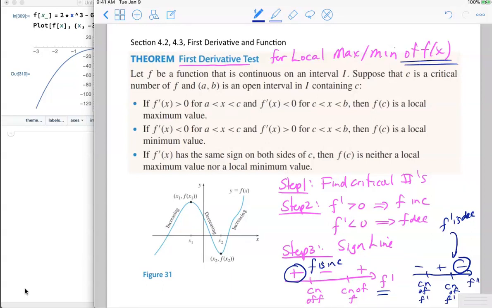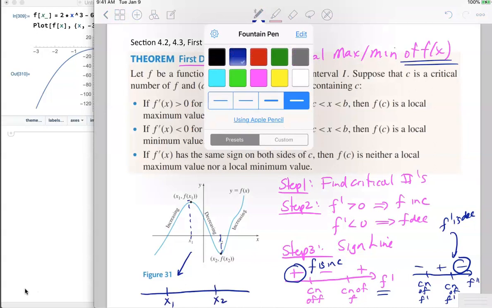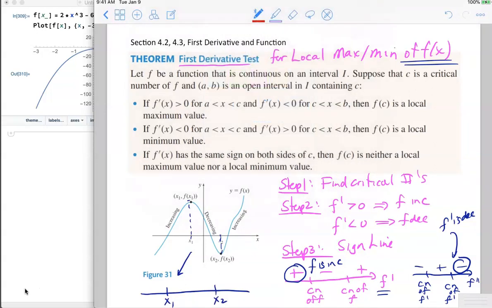And so essentially what we're doing here is we'll draw the sign line for the picture that's shown. Notice that there are two critical values. The book is calling them x1 and x2, right? And we can see that the function is increasing.